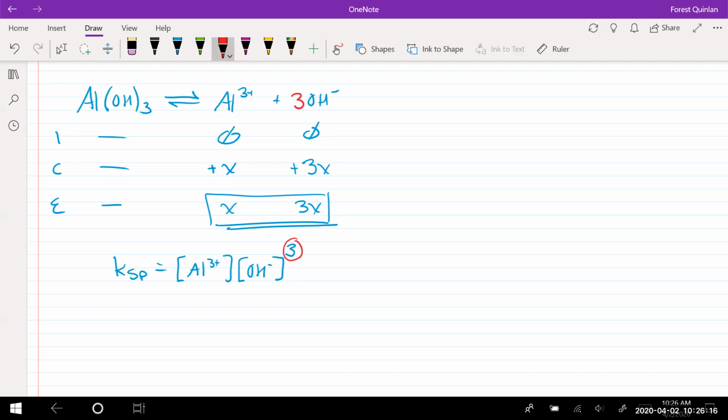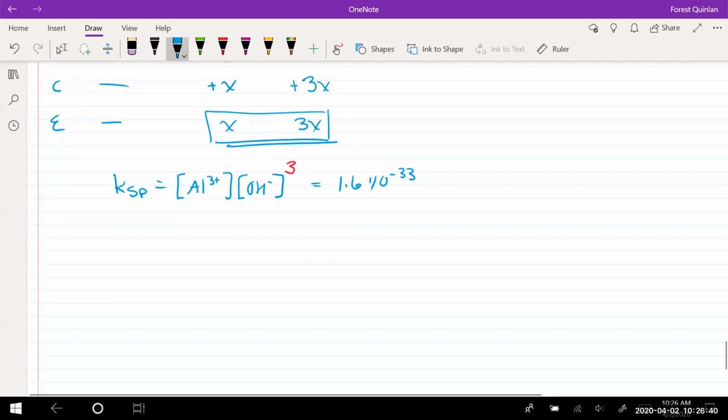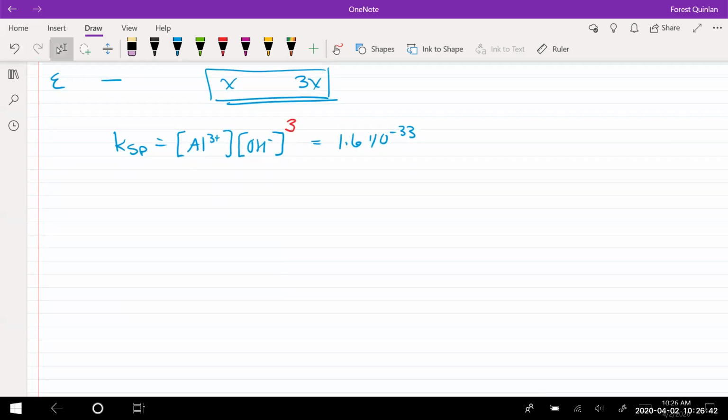And then I'm going to show you something even cooler, because it is perhaps counterintuitive, or at least not obvious. That value was 1.6 times 10 to the negative 33. Let's go ahead and put in those values.